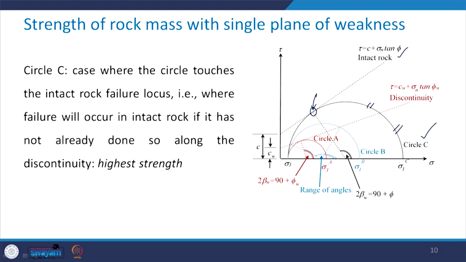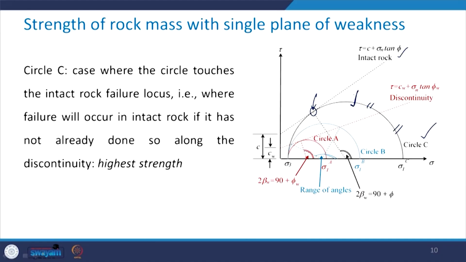So, if the rock mass has not failed along the discontinuity, then there are chances that it can fail with respect to the intact rock.